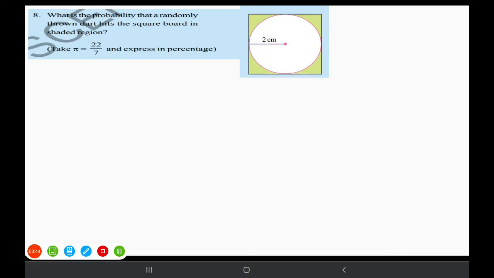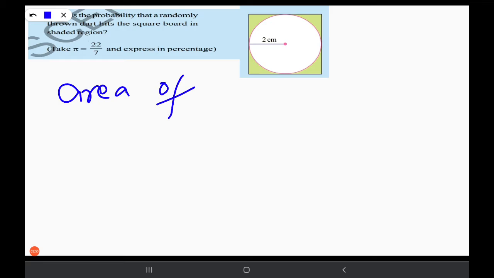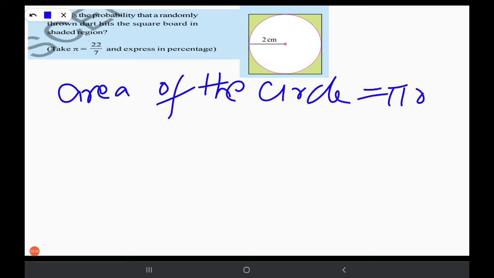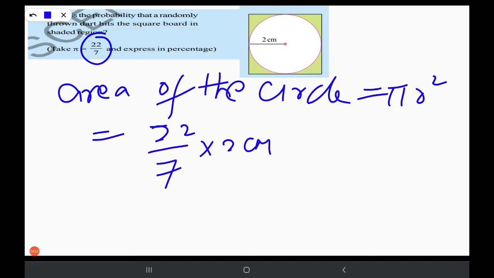So let us find the area of the circle, that is pi r square. R value we have 2 centimeters, pi value given 22 by 7, so 22 by 7 into 2 centimeter into 2 centimeter.